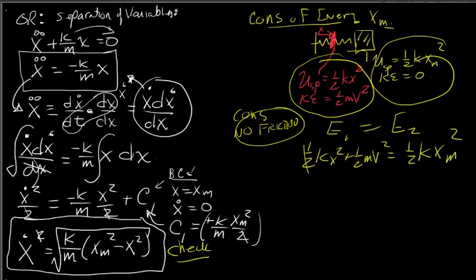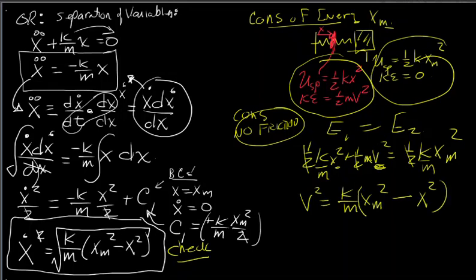Multiply through by 2, divide through by m, and right here's what we're looking for. We get v squared is k on m times (x max squared minus x squared). So with that, we get the same solution. So really, this is just conservation of energy.